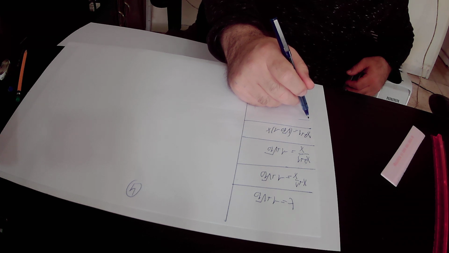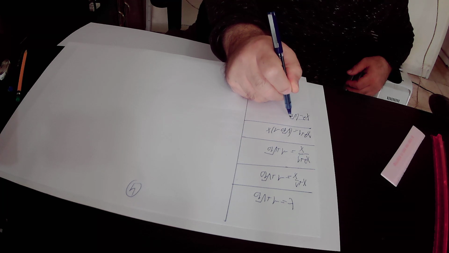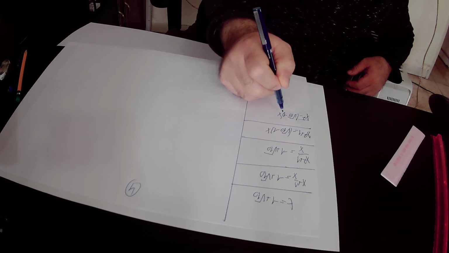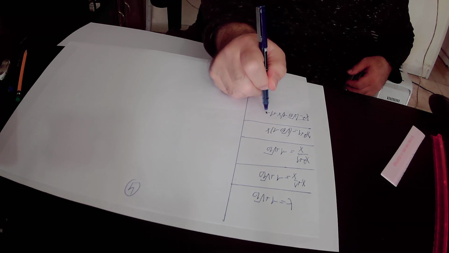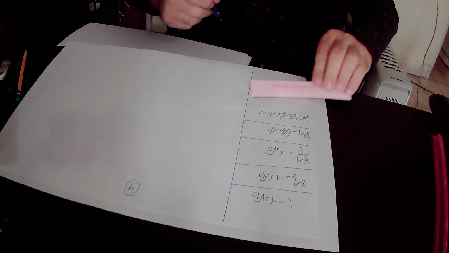The quadratic equation that we will get is x squared minus square root of 10 minus 1 times x plus 1 equals 0. So we have here a quadratic equation.